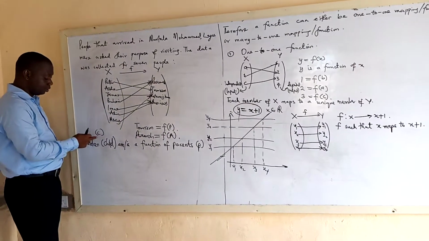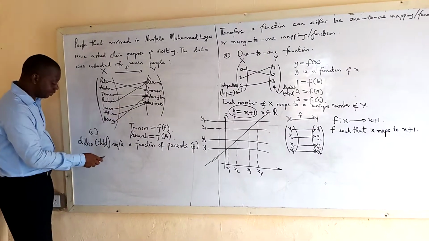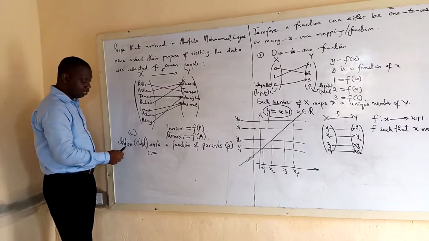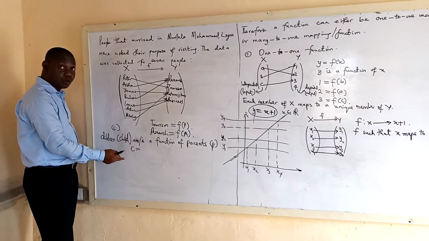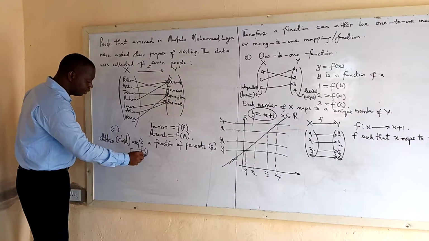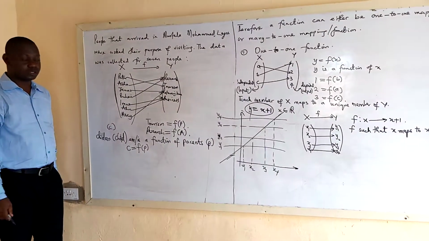Which means child is a function of parents. That is, you say C is, you know in mathematics 'is' means equal to, a function of parents. So what are we saying?